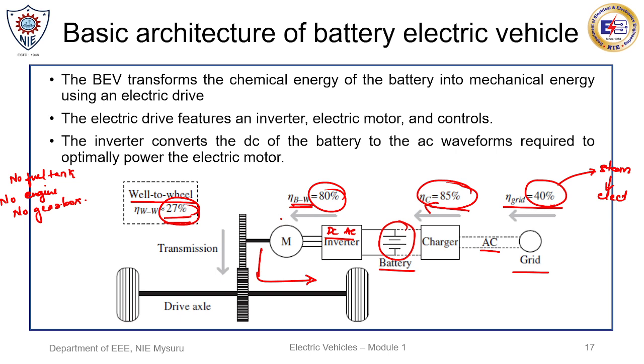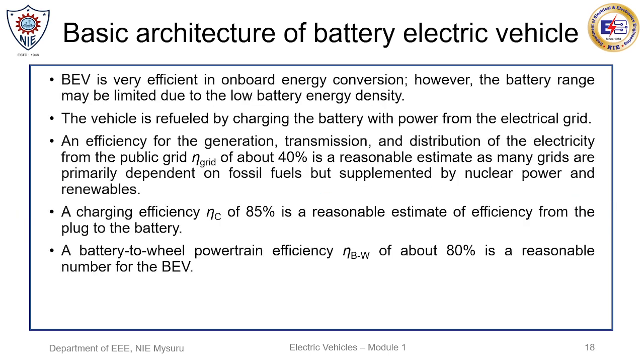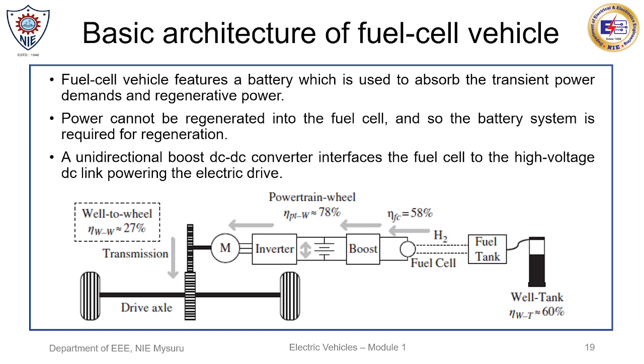The next one here is the fuel cell. Fuel cell vehicles are like battery EVs, but instead of storing electricity in a battery, they make electricity on the go using the fuel cell. Here the hydrogen is stored in the fuel tank.